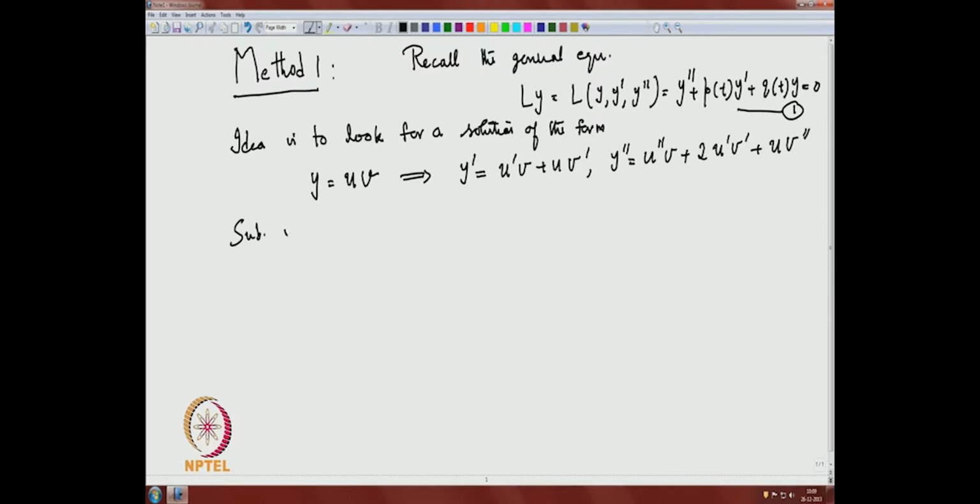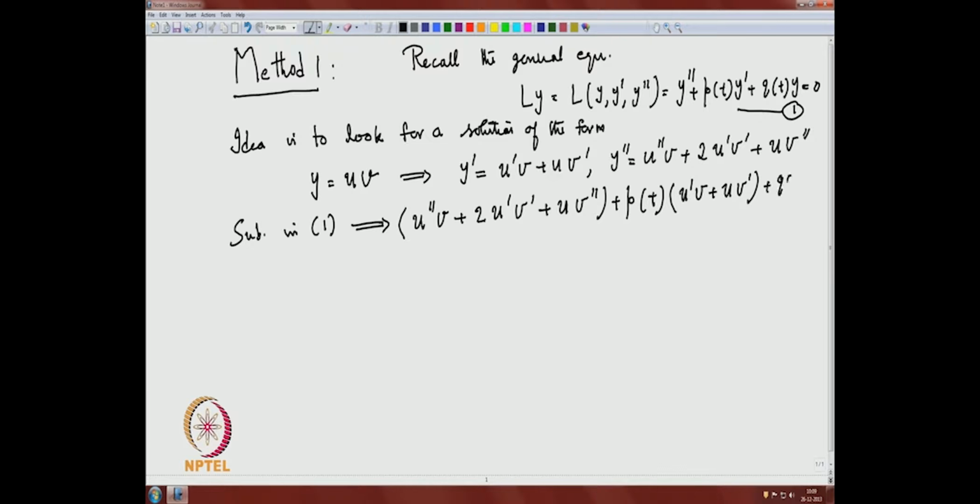Substituting in 1, you will get a large equation: u double prime v plus 2 u prime v prime plus u v double prime plus p(t) times y prime, you substitute, u prime v plus u v prime, plus q(t) u v equal to 0.